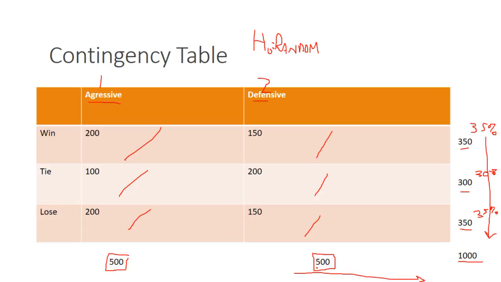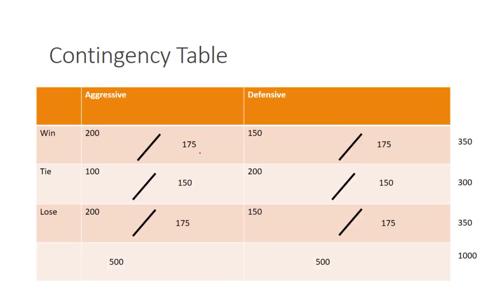So of 500, 35% of 500 goes here. Right? And that is 175. 35% of 500. Or you can take 350 times 500, divide by 1,000. You'll get 175. Okay, so here's everything filled in.